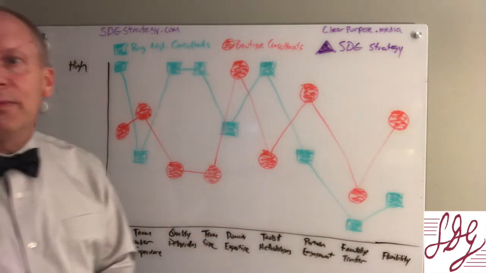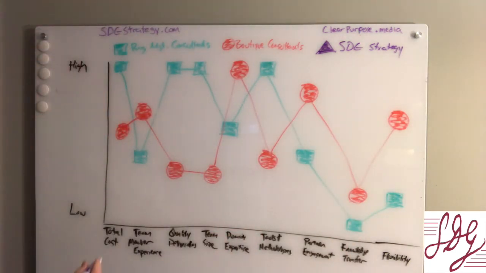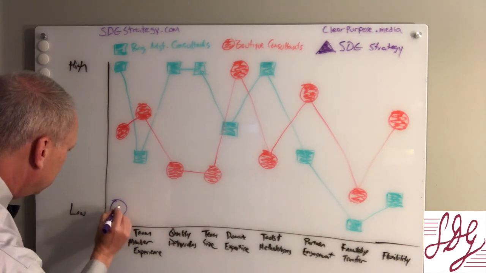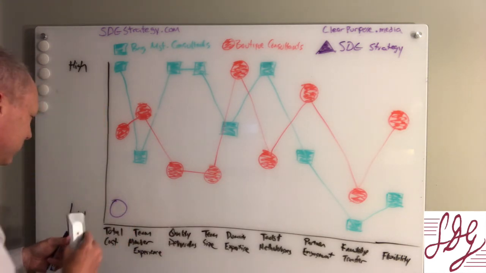So our catalyst model means that we will be the lowest total cost. Oops, not a circle, I'm a triangle.